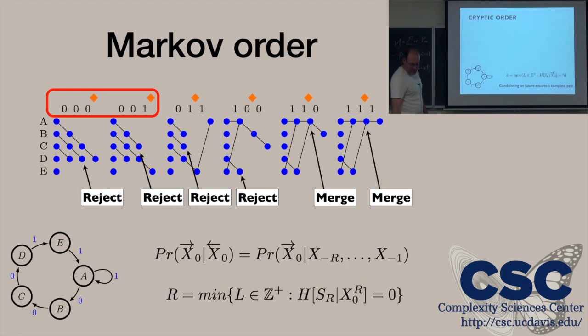Okay. The cryptic order then, in a sense, amounts to conditioning on the future, which in turn amounts to ensuring that you have a complete path, which is another way of saying that you're not interested in these termination type events. And so I just highlighted all the events that are of merger type.